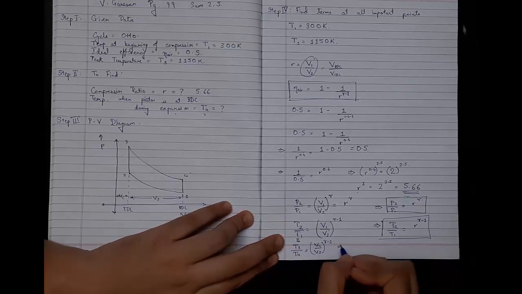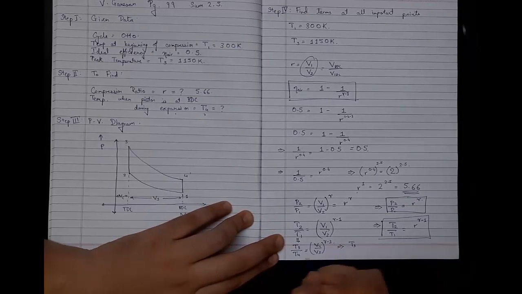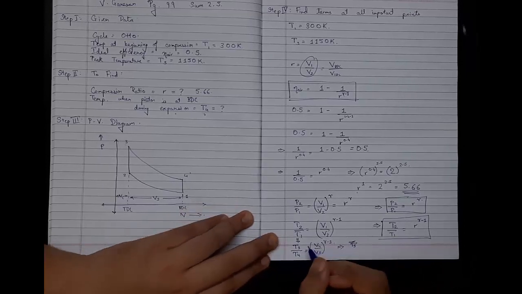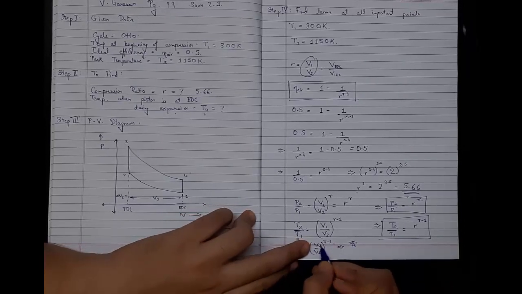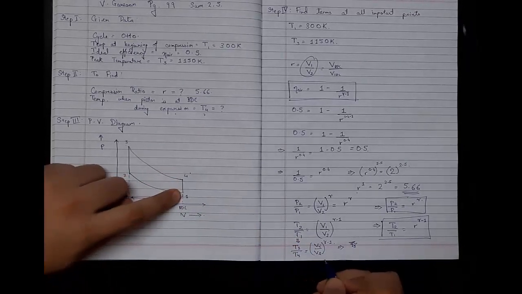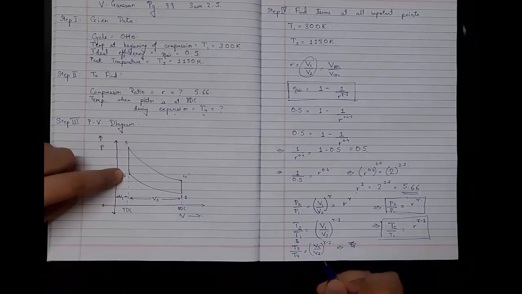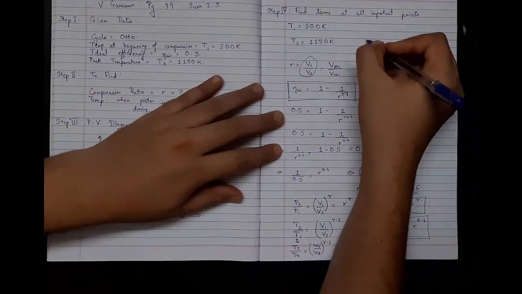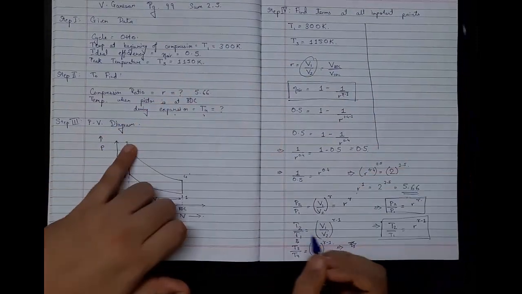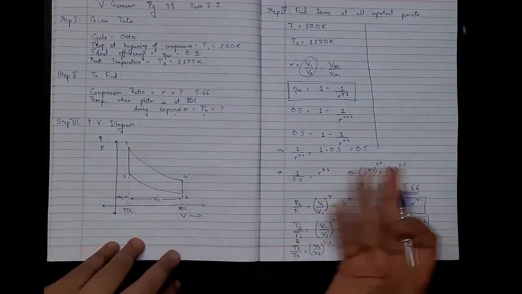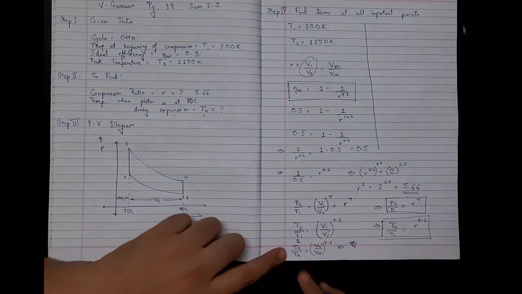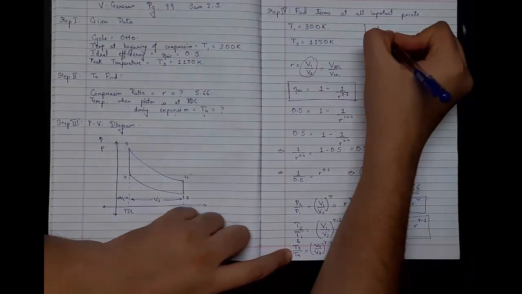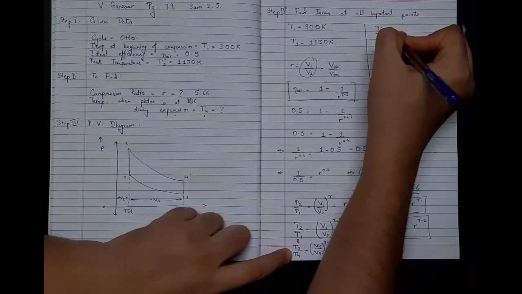I have to find out T4. Just see over here, V4 upon V3. V4 is same as V1 and V3 is same as V2. I will write it on the next page so that we can continuously see the diagram.